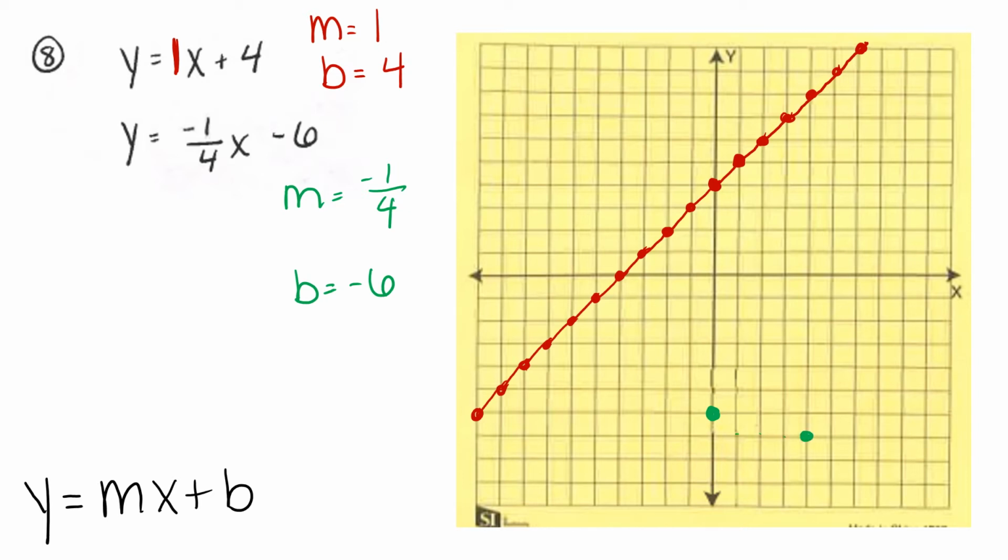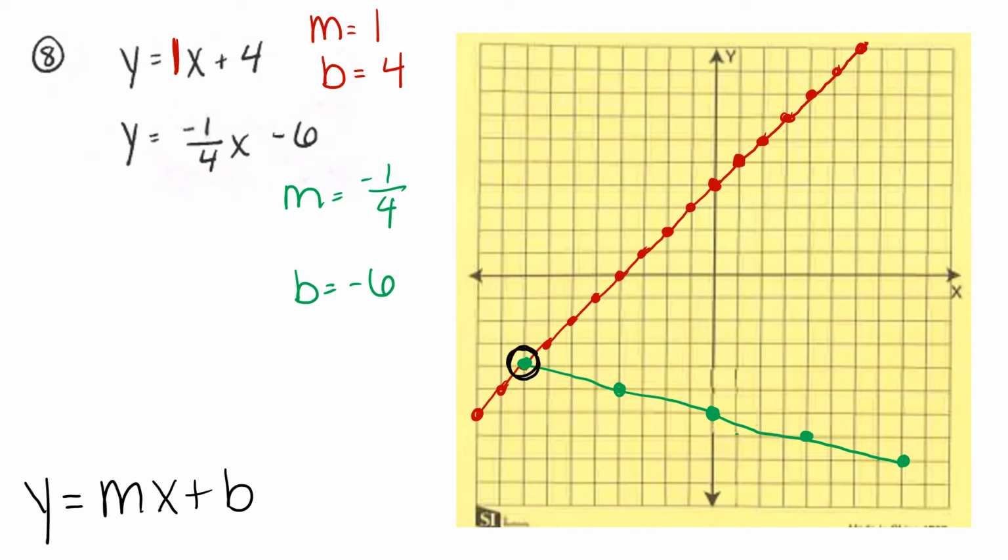Down 1 and right 4 until we reach the edge. We can't get all the way to the edge because we'll go off the graph, so we can stop there. But we are then going to go the opposite direction, so that way it crosses both sides. We go up 1 and over 4, connecting our dots along the way in a straight line. Stopping until you reach the edge or until you'll go off the graph.